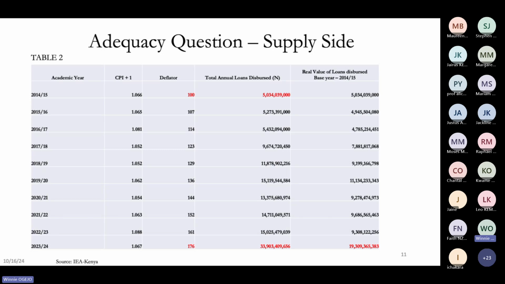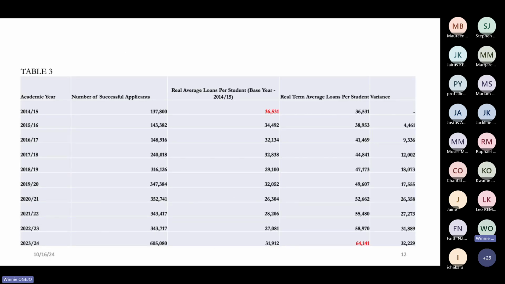So this is just for us. We're answering the question of, are we maintaining the buying power of 2014-15, or are we not maintaining it? So that answers that.